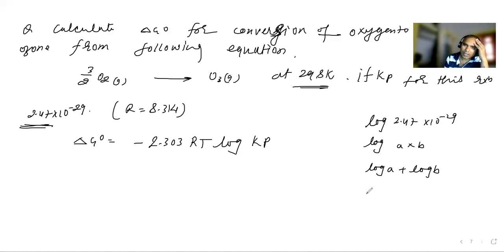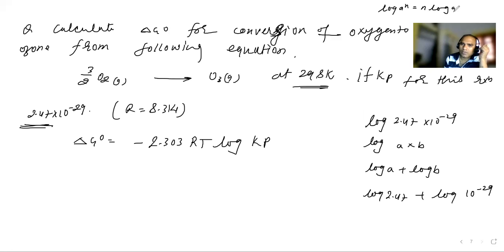So log A means log 2.47 plus log of 10 power minus 29, which is minus 29 log 10. But you know very well log A power n is equal to n log A. Yes or no?